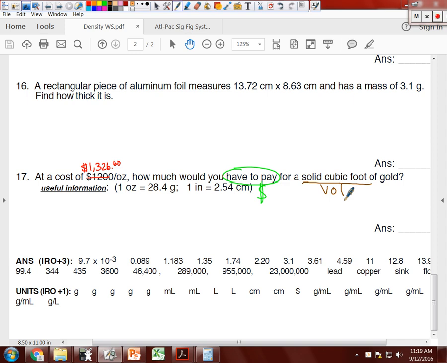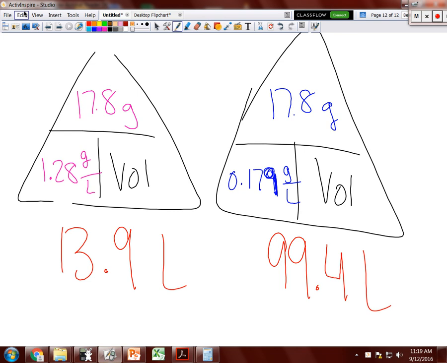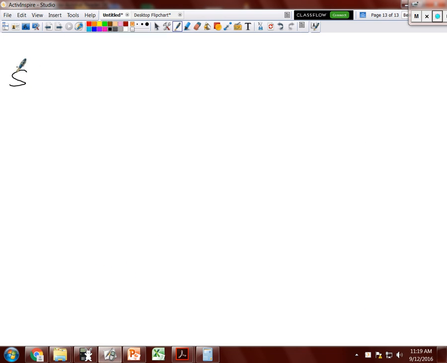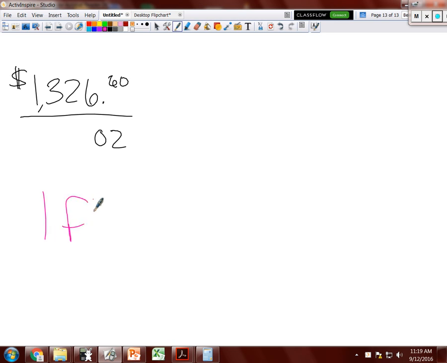And students always struggle with, well, which one do I use to start with? Okay. Well, let me ask you something. I'm going to come over here. Don't write any of this down. Just kind of stay with me. It's $1,326.60 per ounce or 1 cubic foot.